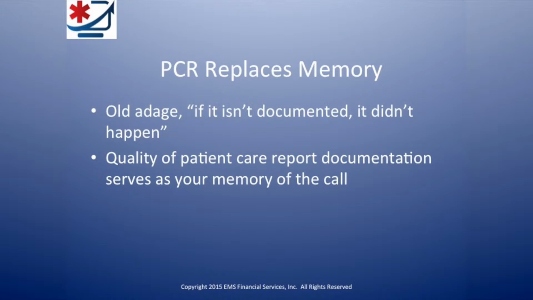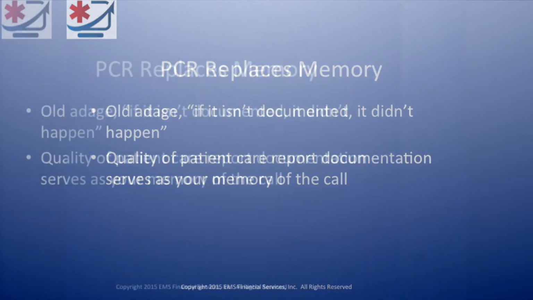You might have transported a patient 4 years ago, and she was 86 years old, and she had Alzheimer's, and she had contractures of the lower extremities. So those are reasons why she was in your ambulance.